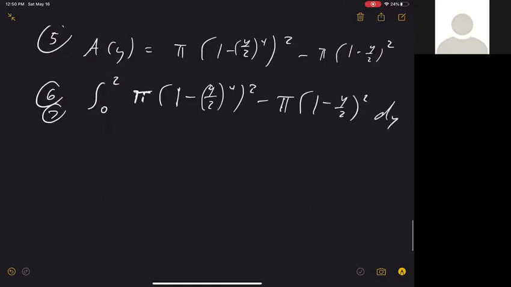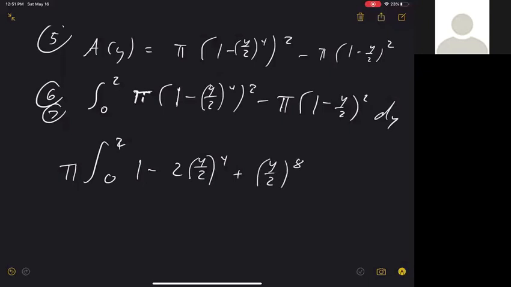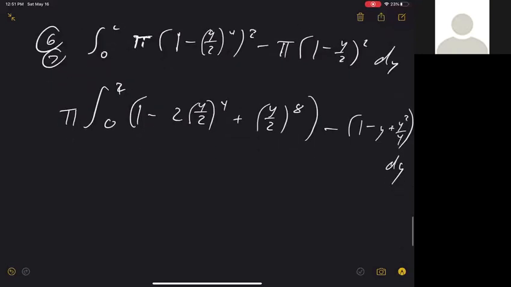Let's pull out the pi and square everything. Let's simplify.